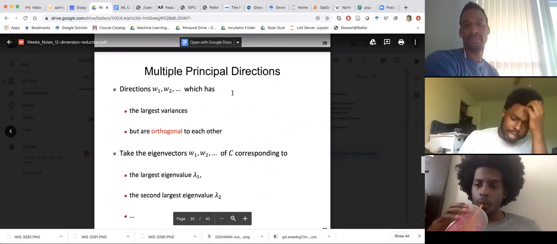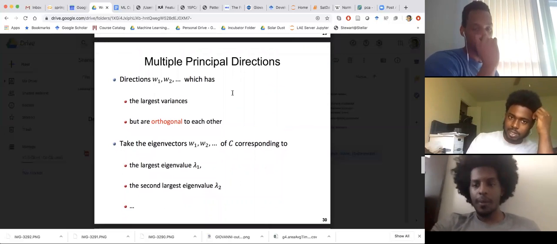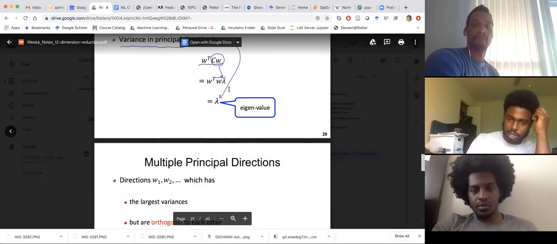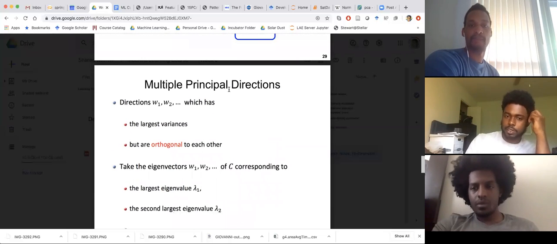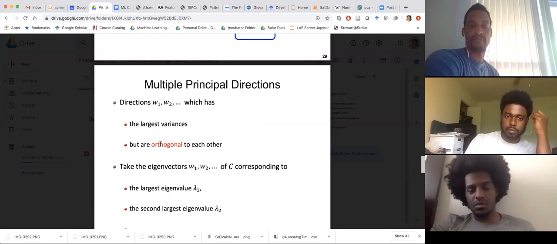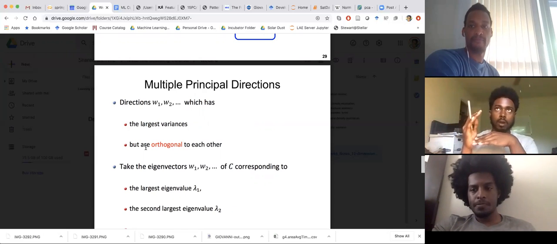So let's keep going, and then let's ask questions. Okay. So basically, by doing this math, which I don't understand yet, we'll get these W1, W2 that have the largest variance but are still orthogonal to each other. So these are independent vectors.